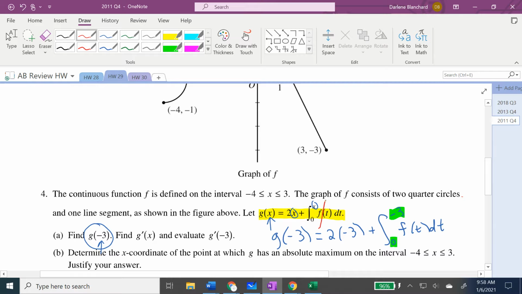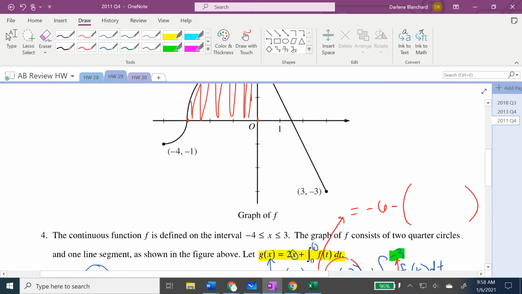So it's going to end up equaling -6. Let me try writing that better. And then minus the area, because again of this being backward order.